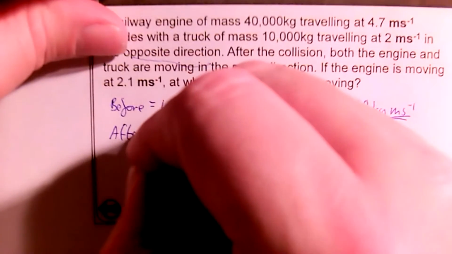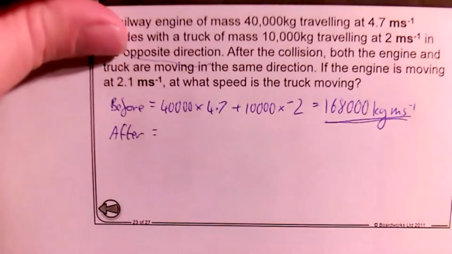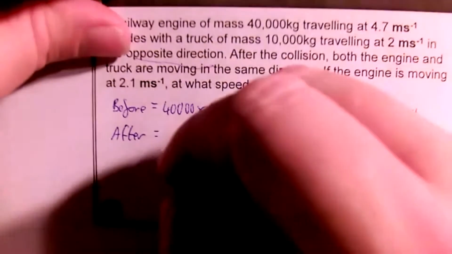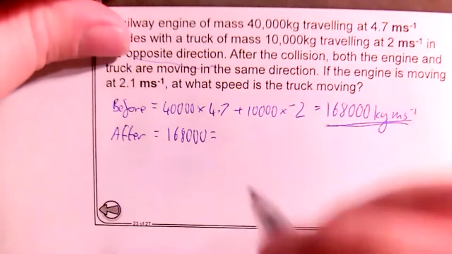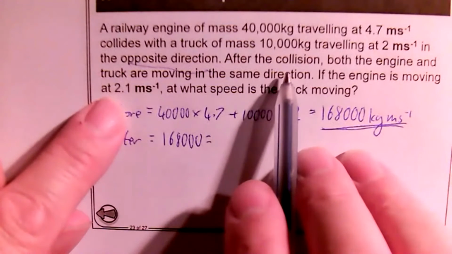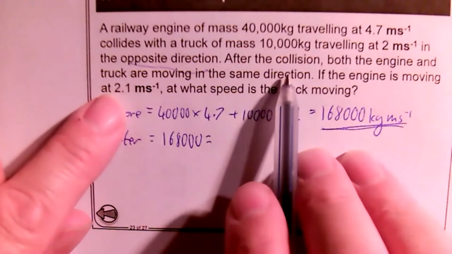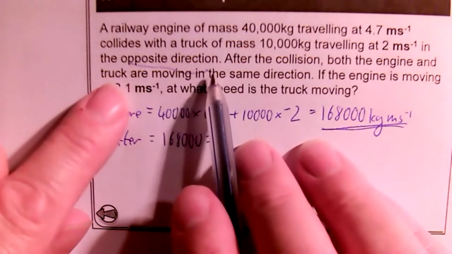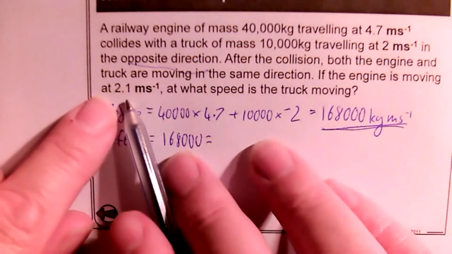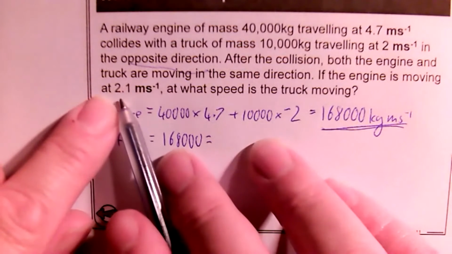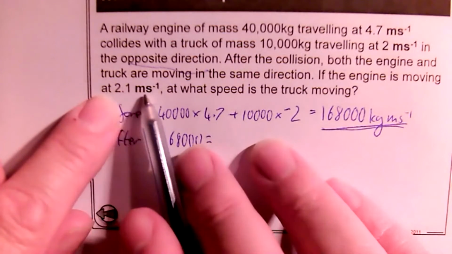The key with a collision question is to remember that the momentum is exactly the same. So it's 168,000. Now, because these are not stuck together, we have to treat their momentum as separate. It says the engine and truck are moving in the same direction. The engine is moving with a velocity of 2.1 meters per second, positive, so the same direction.